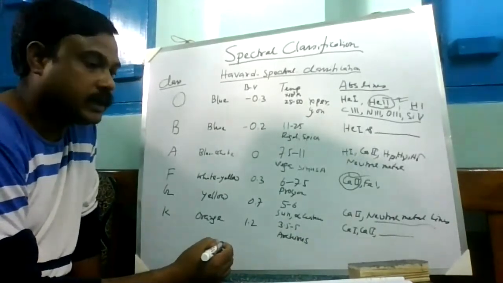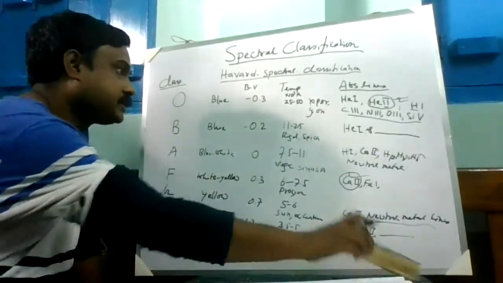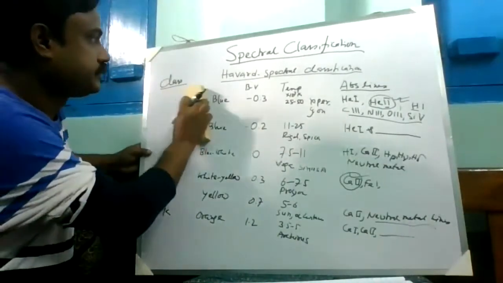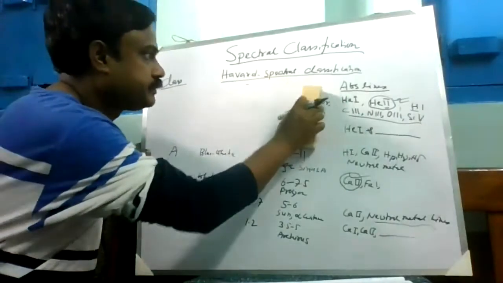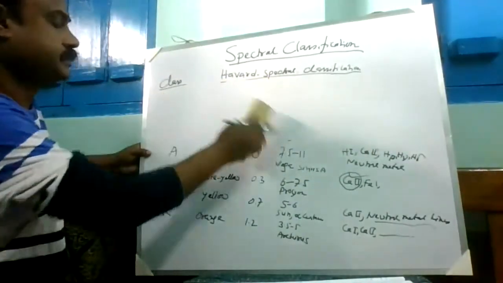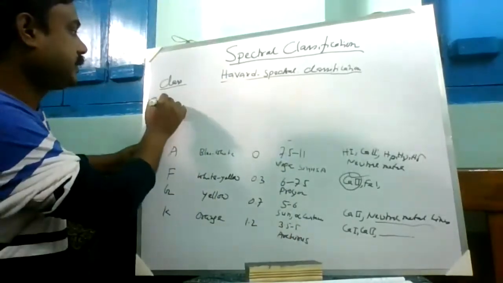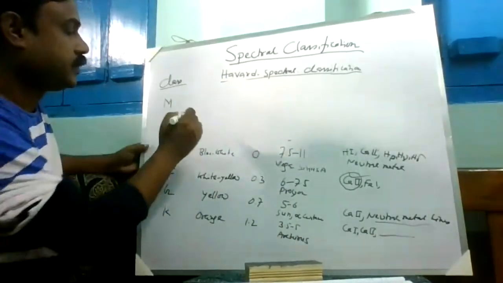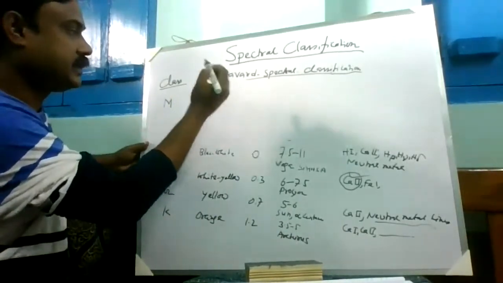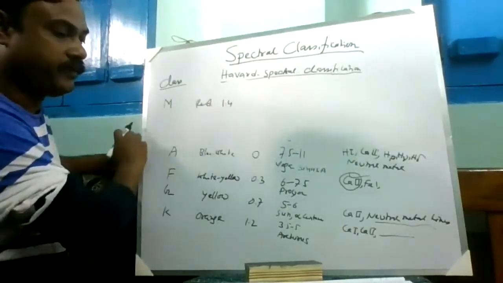And the last of the Harvard spectral classification is M. M spectral classification, whose color is red. Color index is 1.4.